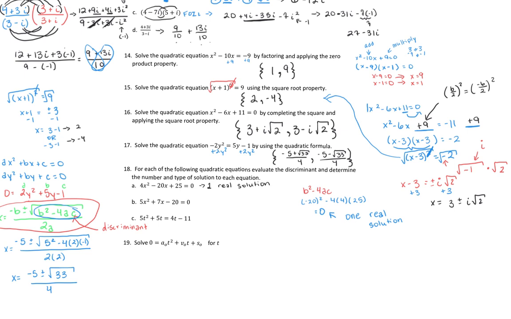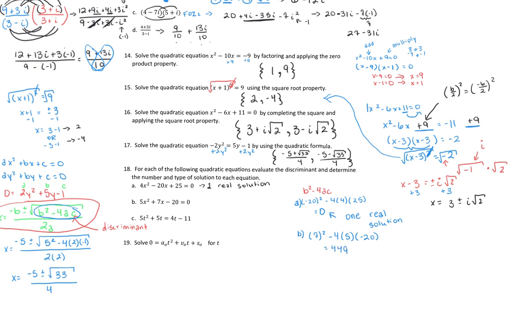All right, now for the next one, so that was A. Now for B, we're going to do the same thing. So we do b squared, which is our 7, minus 4 times our a, which is 5, times our c, which is negative 20. And then, once you do that, you should get 449, which is positive.